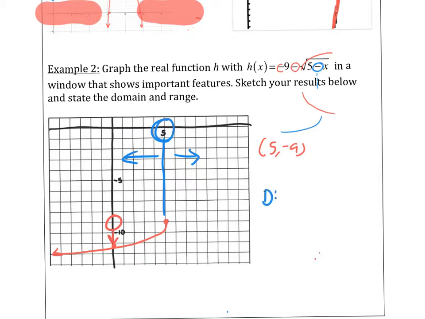So our domain is going to be x is less than or equal to 5, and our range is going to be y is less than or equal to negative 9. And it does go forever down, it just goes down very slowly. It goes to the left on the domain much faster, but eventually it'll get to infinity in both worlds. Make a change there, negative 9 there.